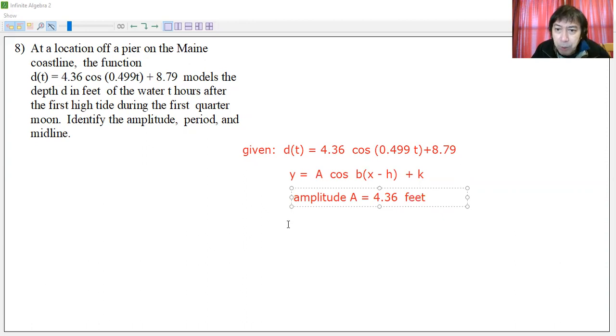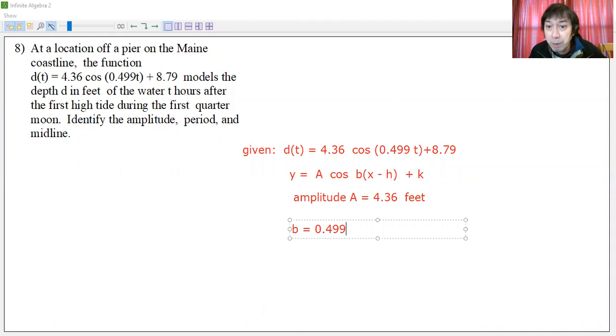This is our amplitude. Next, we can have our B. Our B is 0.499. That's the number coefficient to the variable t, so that happens to be the small b. Now the midline is readily obtained here.